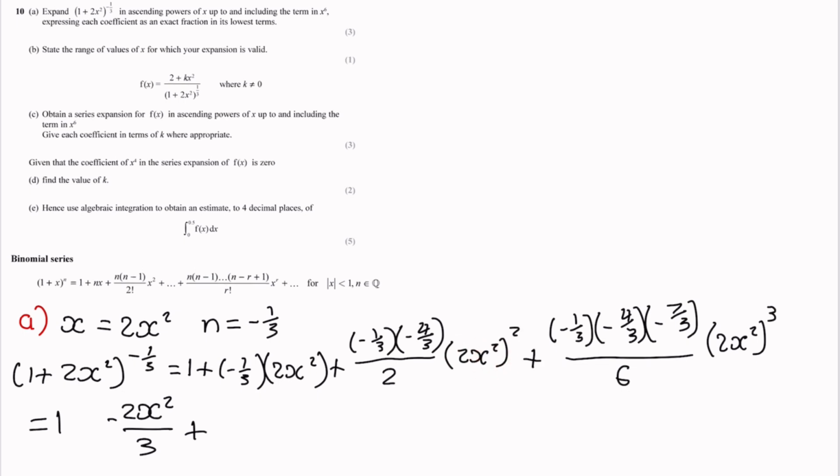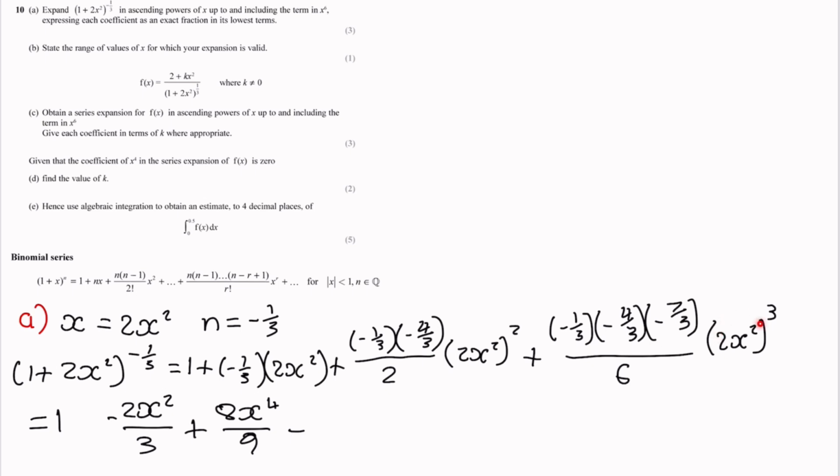We get 8x to the power of 4 over 9. Subtract for the final term. Be careful to cube this, so 2 cubed will be 8, and x squared cubed will be x to the power of 6. So that final term will simplify to be 112 x to the power of 6 over 81.